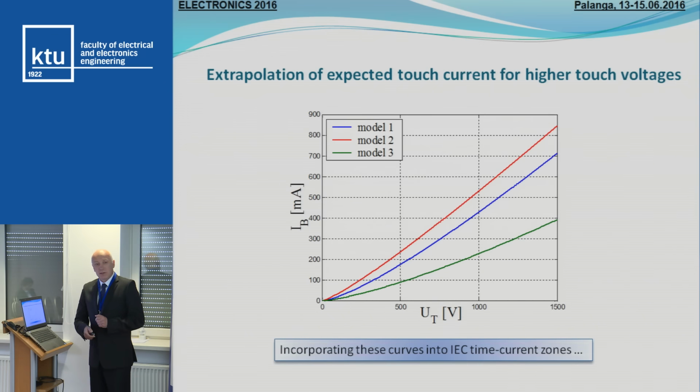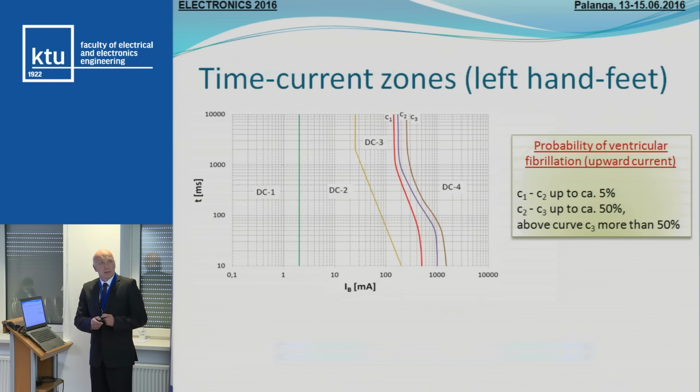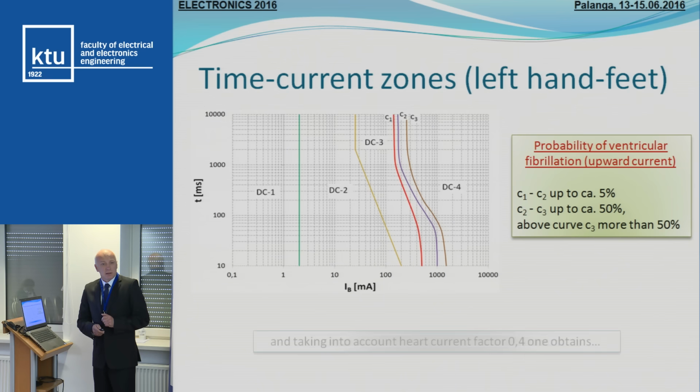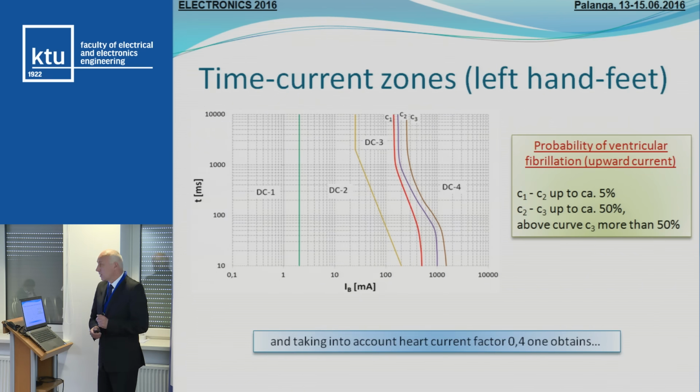And incorporating these curves into IEC time current zones, like here, these are well-known diagrams showing the effects of electric shock for different touch current and different electric shock. We obtained, and of course we have to take into account the fact that the resistance was measured along the hand-to-hand pathway.